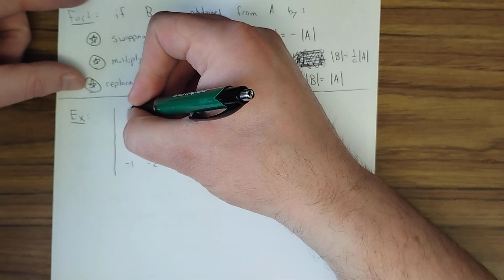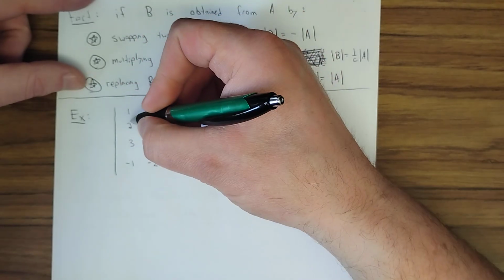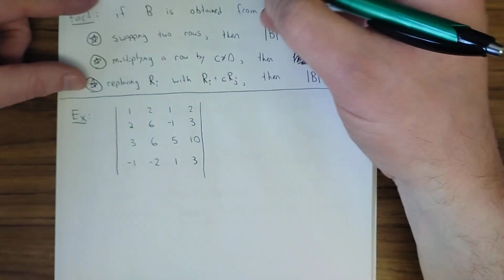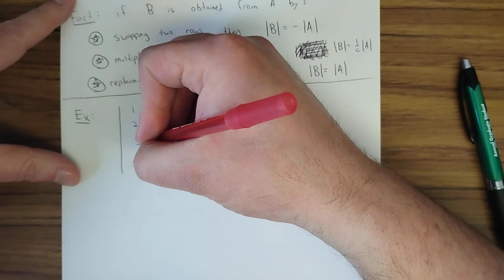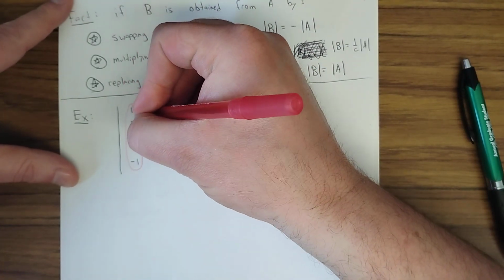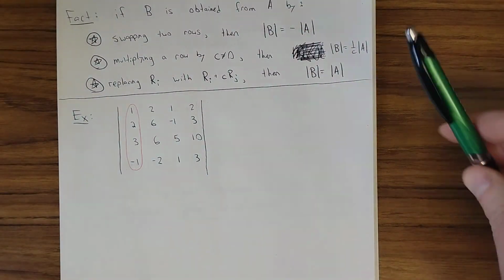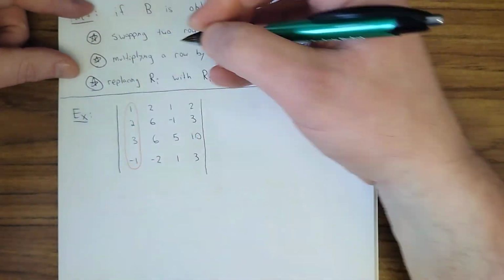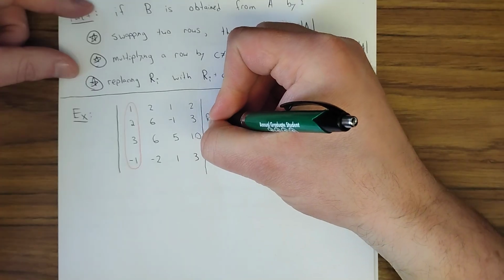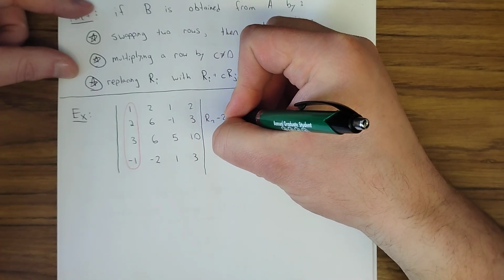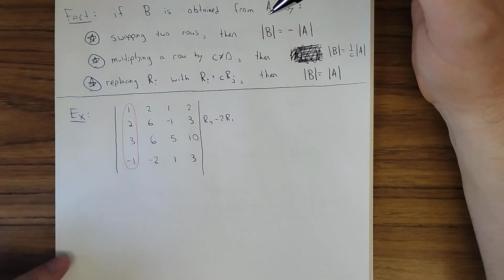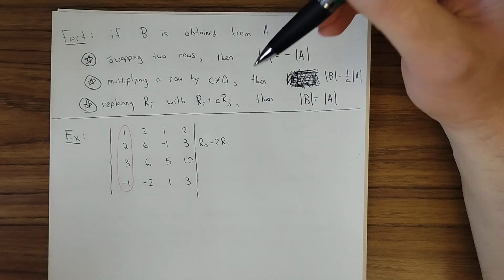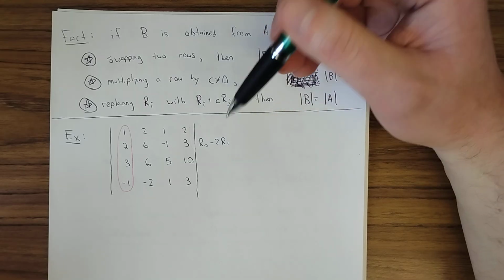I would like a 1 here, and I've got it. I want zeros underneath that 1. Here, let me do this thing where I sweep from left to right. I like that. I'm going to use my 1 to get my zeros. And by the way, let's not be too scared, because I'm about to do several operations at once.